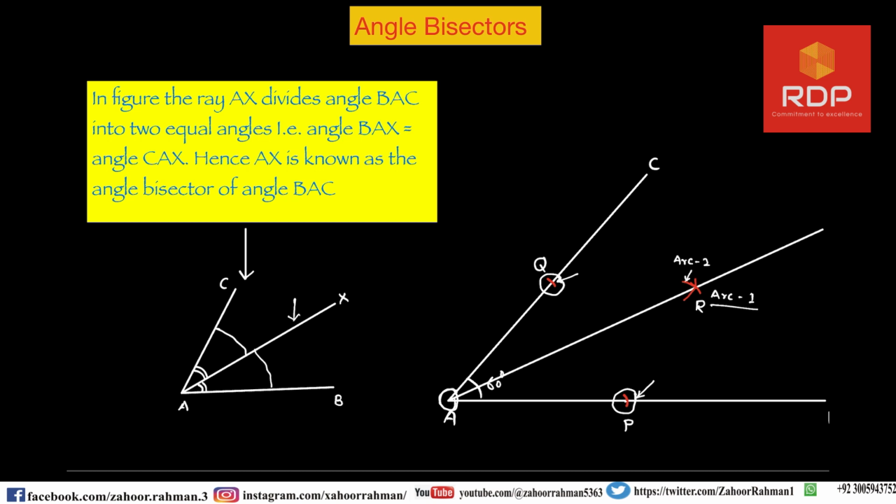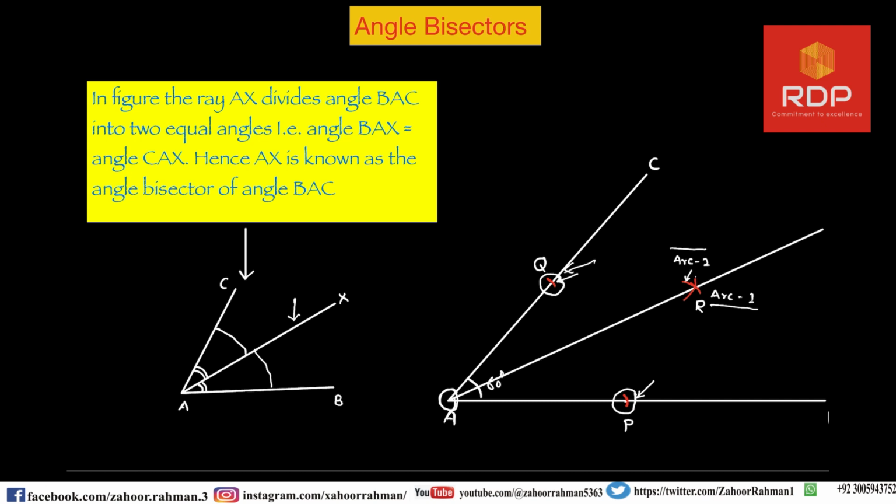I am saying this is arc 2 and this is arc 1, but if you are putting first here at this location, then this will be arc 1 and the second one will be arc 2. So I am generally saying that putting the tip at point P or Q, you have to draw two arcs which are intersecting each other.